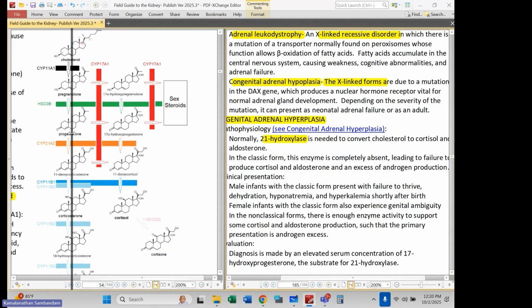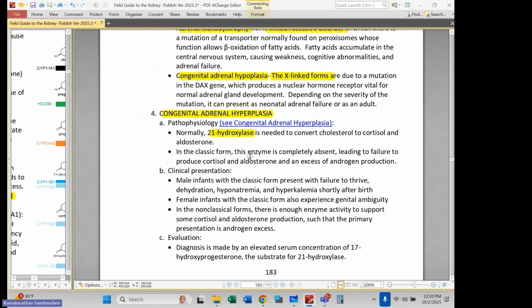So again, you can see I can't make cortisol or aldosterone if I have a 21 hydroxylase deficiency. Okay, now the presentation I alluded to: male or female infants will have failure to thrive and evidence of volume depletion.